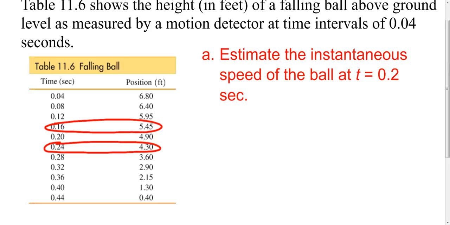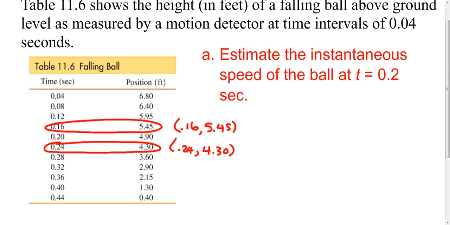So I will think of this as a coordinate, which is 0.16 and 5.45, and this as a coordinate, which is 0.24 and 4.3. I will find my average rate of change in there. My instantaneous velocity might not be the same, but if I find my average rate of change at a point halfway between those two, it might be a good suggestion.